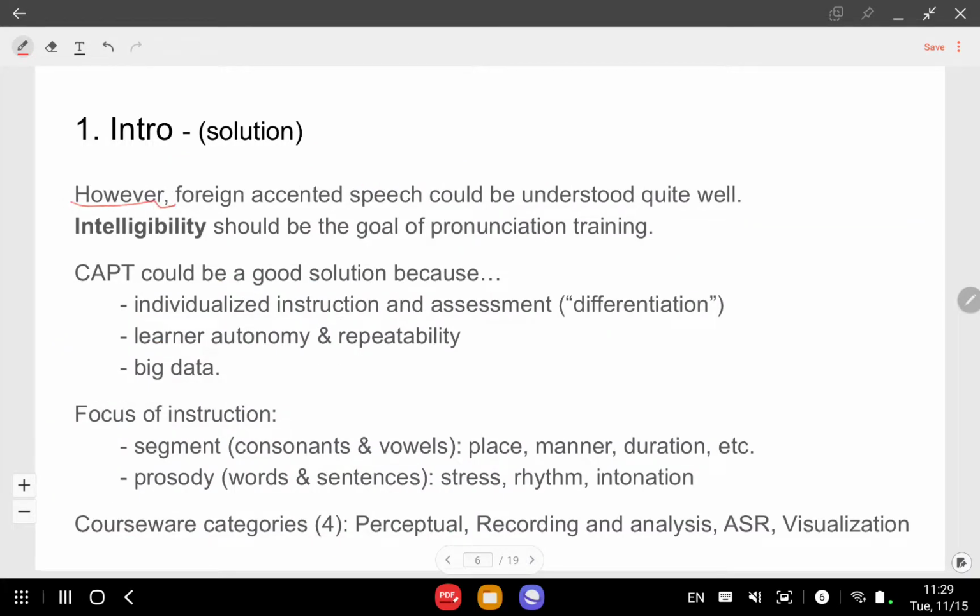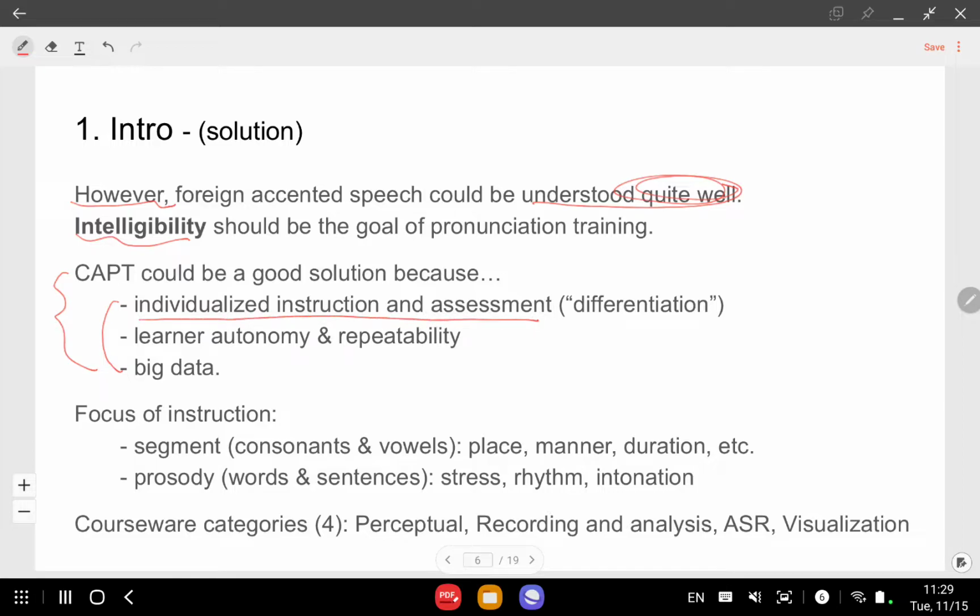However, fortunately, foreign accented speech can be understood quite well. So the message is that intelligibility should be the goal of pronunciation training instead of getting rid of foreign accent. And here, CAPT, which is an abbreviation for computer assisted pronunciation training, could be a good solution because it has these different features.